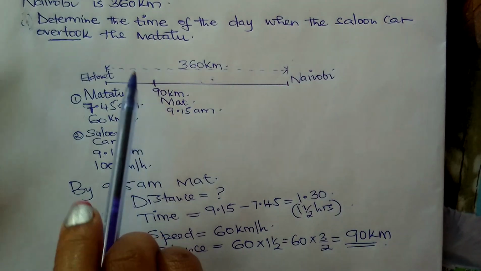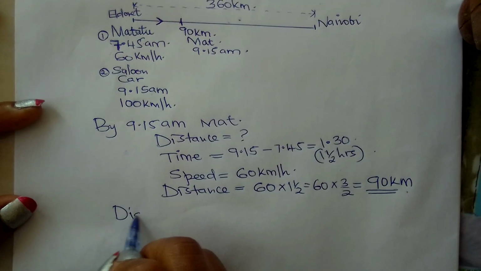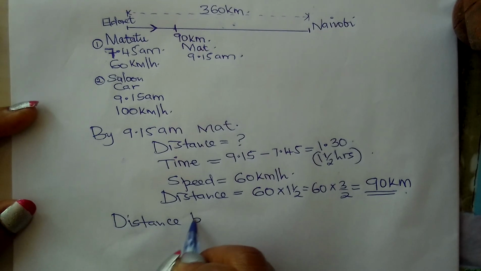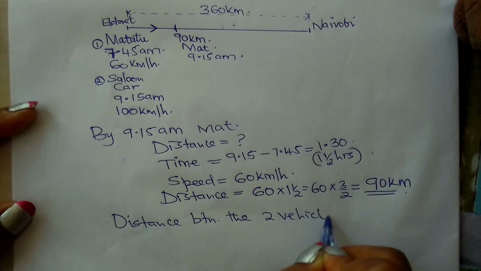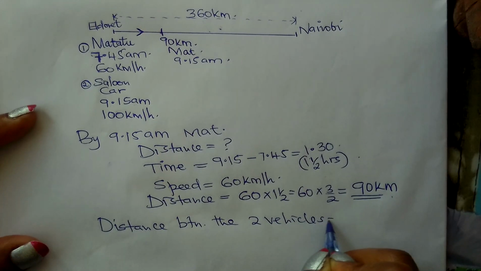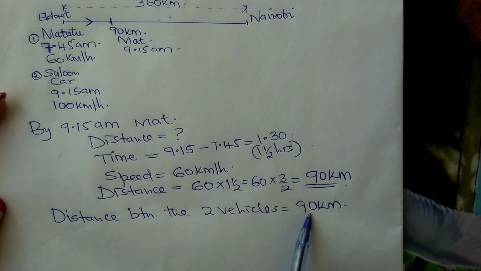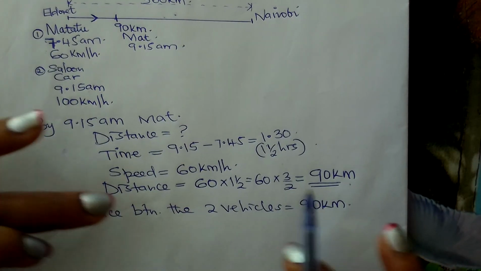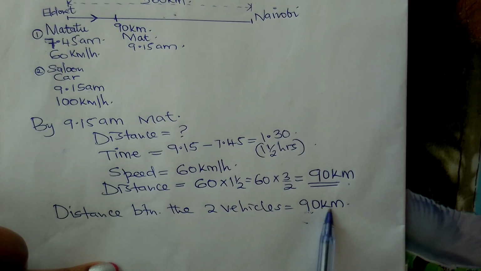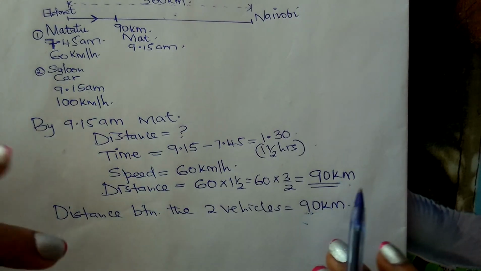So you come and write that the distance between the two vehicles is 90 kilometers. And this is the distance that the saloon car has to reduce to 0 for it to overtake the matatu.